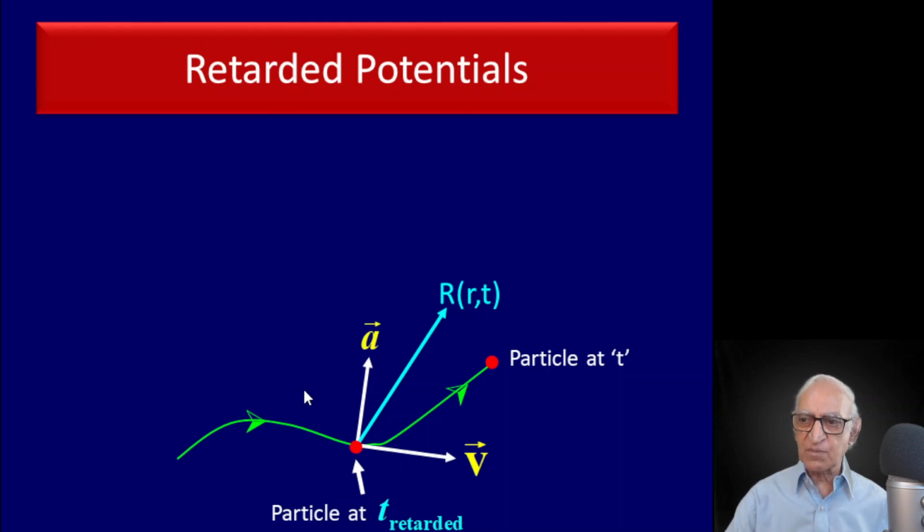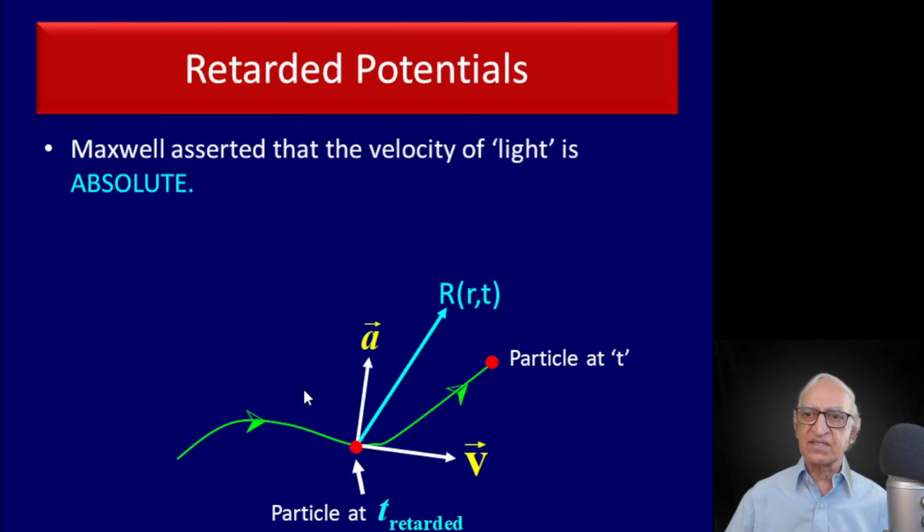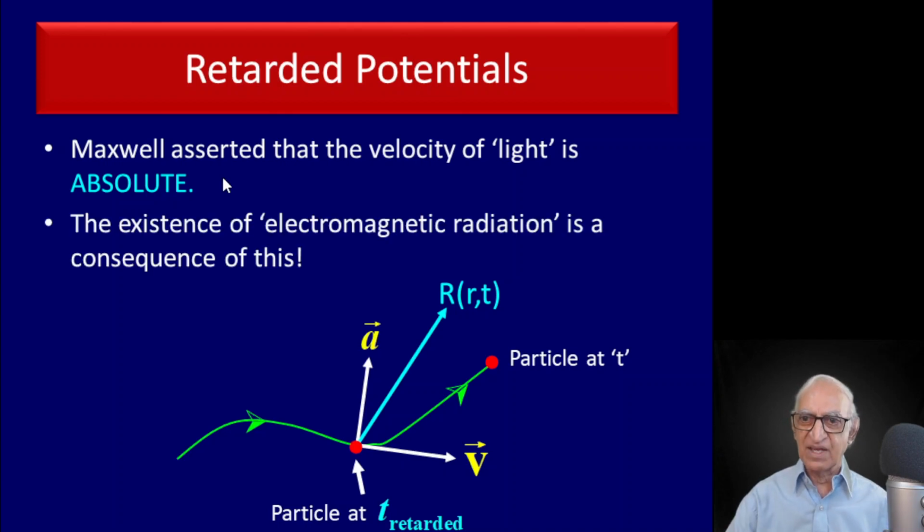Now, the important thing to appreciate is that Maxwell had asserted that the velocity of light is constant, it's uniform, and it is absolute. Indeed, the very existence of electromagnetic radiation is a consequence of this absoluteness of the velocity of light.